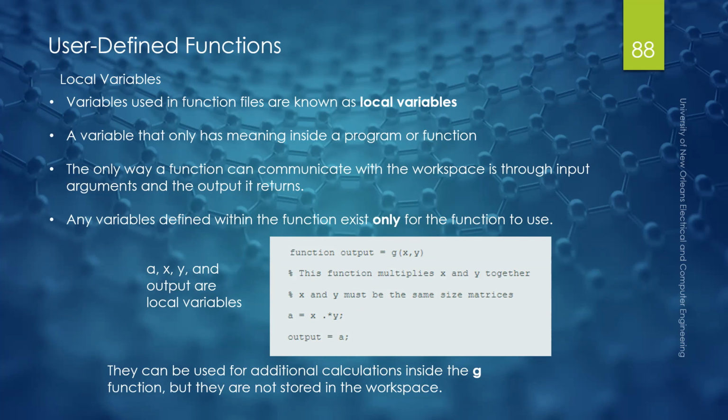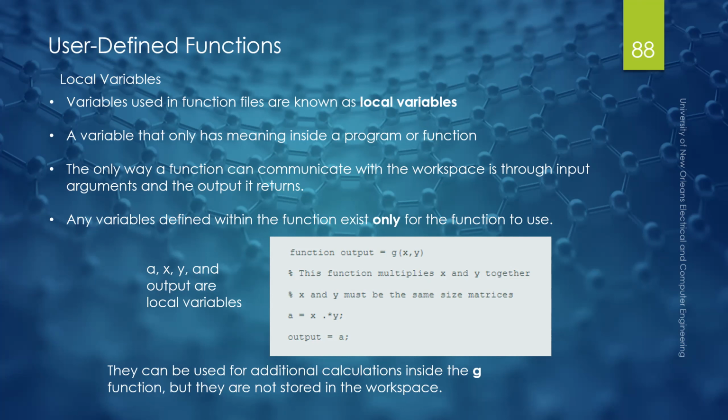When we look at user-defined functions, it's important that we understand how functions manipulate variables. There's a concept of local variables and global variables. And when you're designing or writing functions, it's important to know the difference between those types of variables.